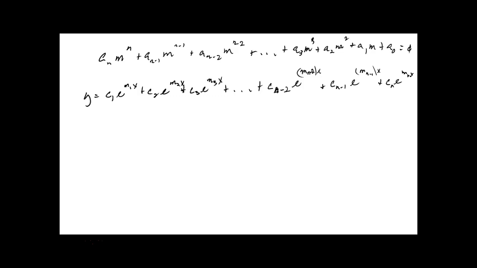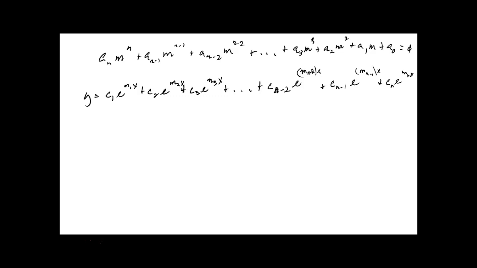Then for every duplicate root, you have to do an x times e to that root. And if you had triplicate roots, you'd have x and an x squared. If you have multiplicity of 4, you have x, x squared, and an x cubed.